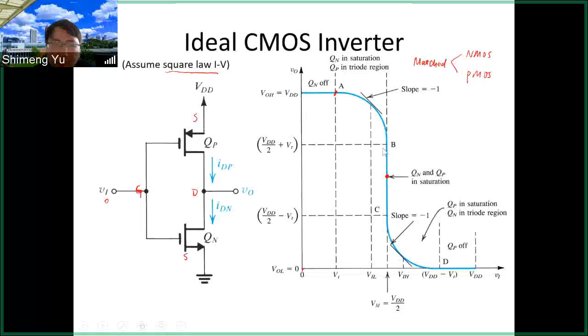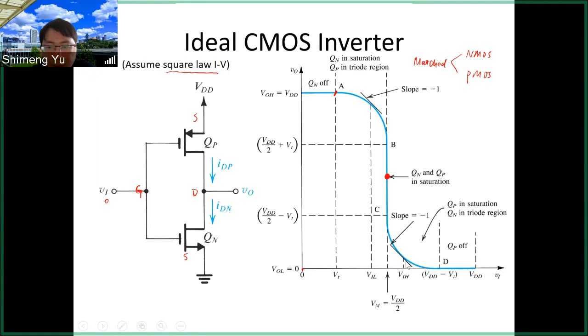And then you can continue this analysis from B to C. Both Qn and Qp will be in saturation at this moment. The input voltage is kind of high, and the output voltage is in the middle. So both NMOS and PMOS are fully turned on, so those are in saturation. And after that, the situation will be just the opposite, because as we discussed, everything will be symmetric or mirrored according to the center point.